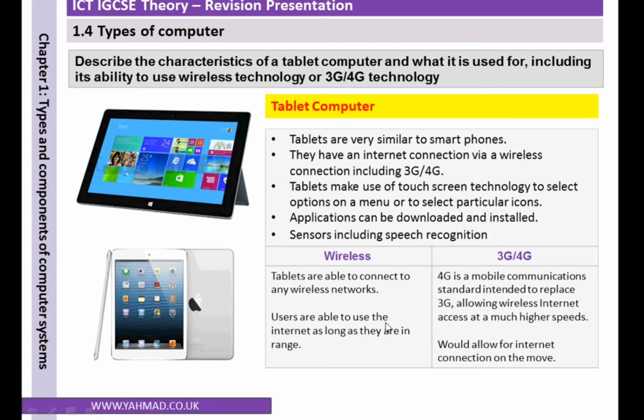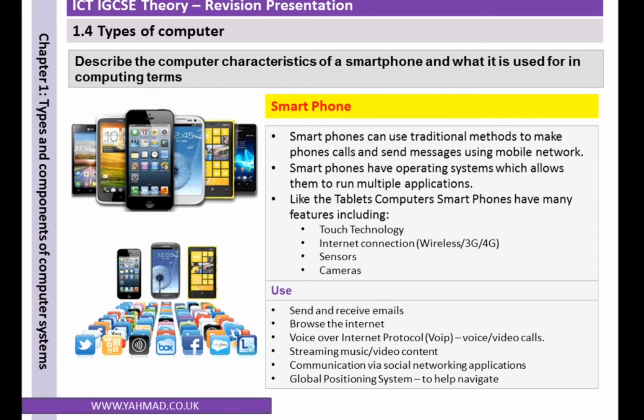Users are able to use the internet on the move as long as they're within the range. So 3G or 4G is a mobile communications internet connection. So users can be connected to the internet whilst moving around on their tablets, or can be connected to a network connection whilst moving around.